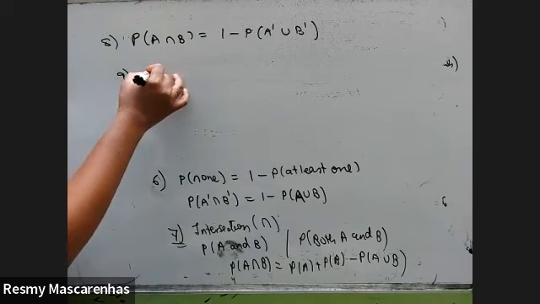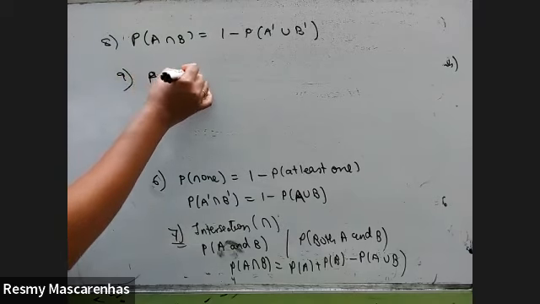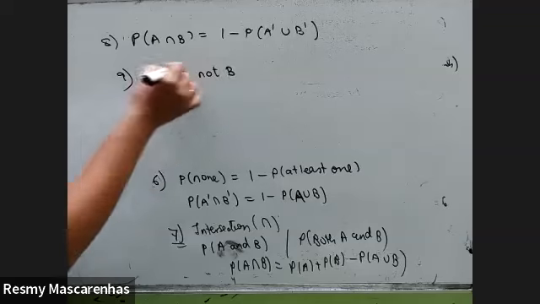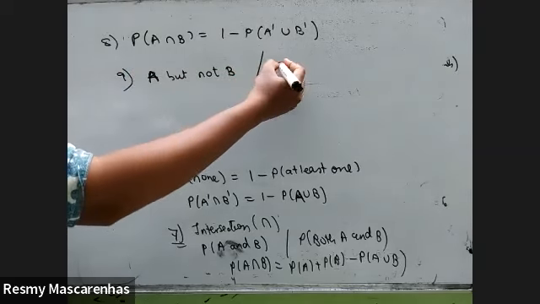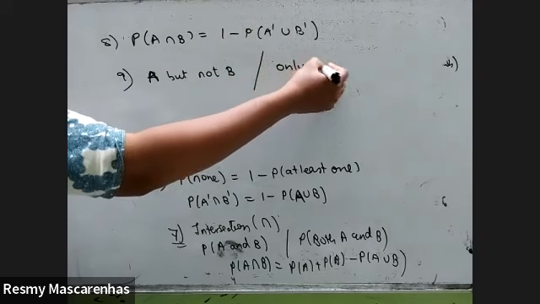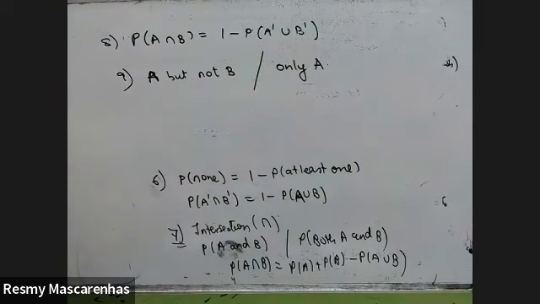Probability of A but not B. I want to find probability of A but not B, which also has the same meaning as only A. I want only A and not B. Now try to understand this. In terms of Venn diagram, it becomes easier to understand.